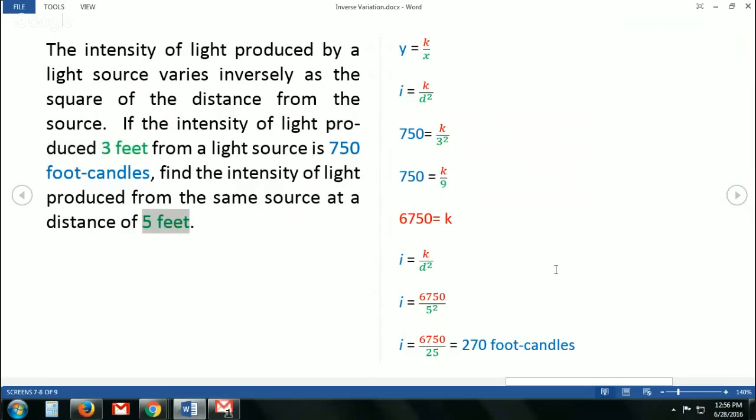The further you are from the light source, the darker it's going to get. So the key words here, varies inversely, told us to use y equals k over x. When we substitute into our working equation the intensity and the distance, then we can find the resulting foot candle intensity at any distance that we want.